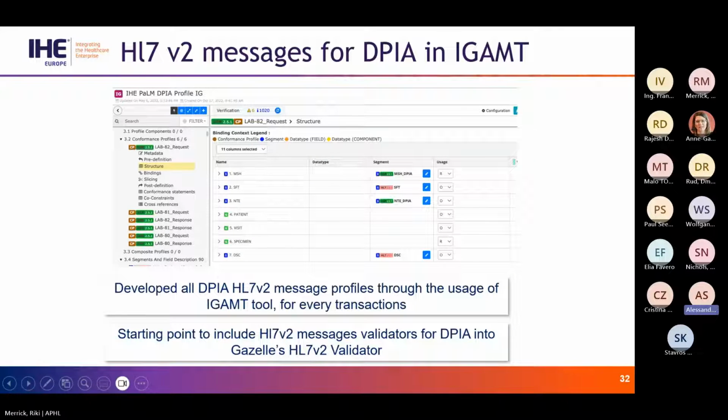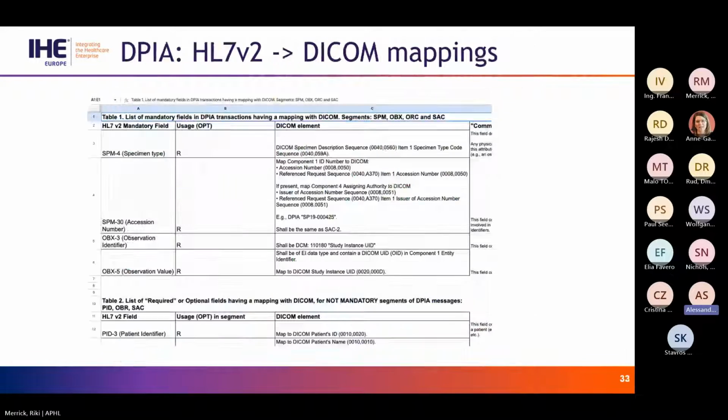That's because HL7 version 2 validators are crucial for each profile, not only for DPIA, to ensure that the messages exchanged by the vendors at the connectathon are compliant to the profile itself. So starting from the output of this tool, we will be able to include in Gazelle also the profiling for the messages.